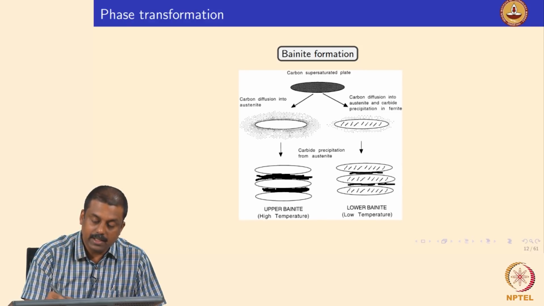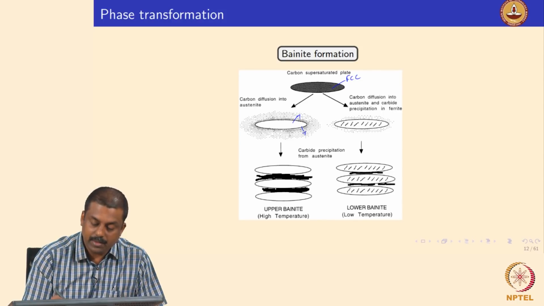Here, what you see is the explanation of bainite formation. So, you have supersaturated austenite. Okay. So, when you cool this austenite to room temperature, the carbon atoms migrate from the ferrite to the adjoining austenite.